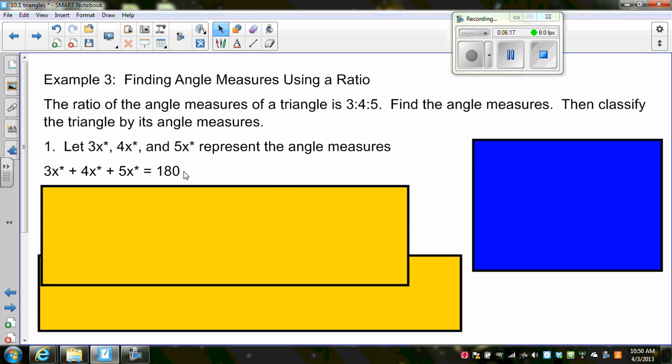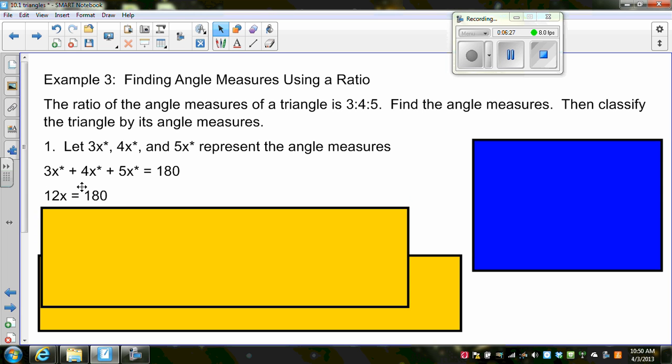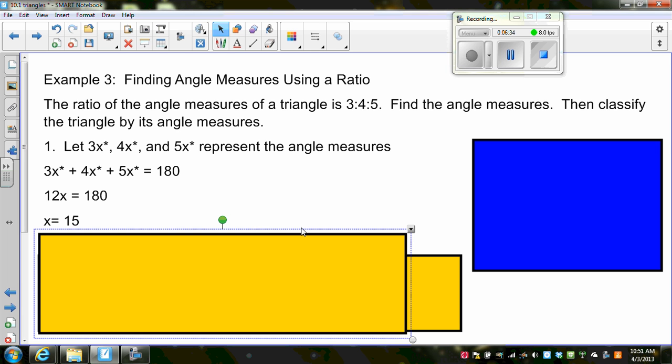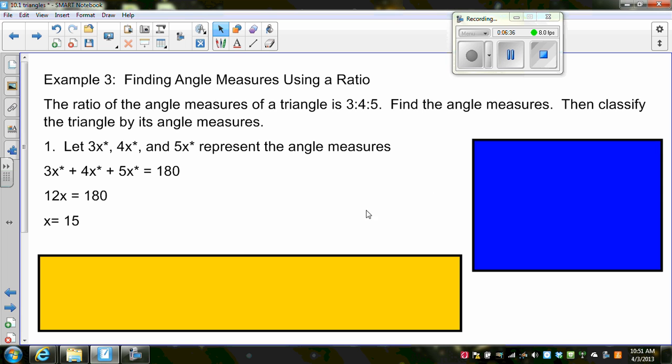And again, we know that these angles need to add up to equal 180 degrees. So 3x plus 4x plus 5x will equal 180. You then want to simplify this. So 3 plus 4 plus 5 gives us 12x equals 180. So x equals 15. But we're not done yet, because they don't want to know what x equals.